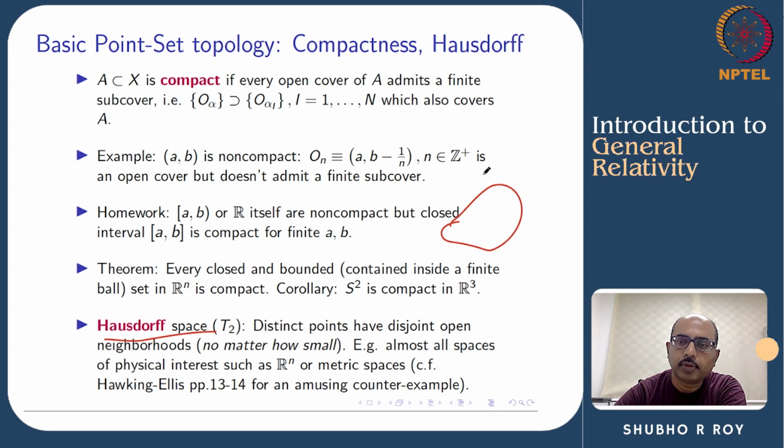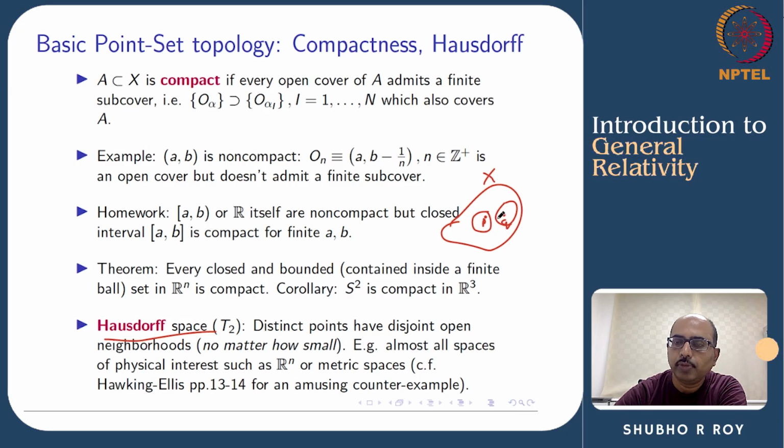Let's say this is a topological space X, and it contains two points, little p and little q. I will call X a Hausdorff space if, no matter how close p and q are, I can always draw disjoint open neighborhoods.